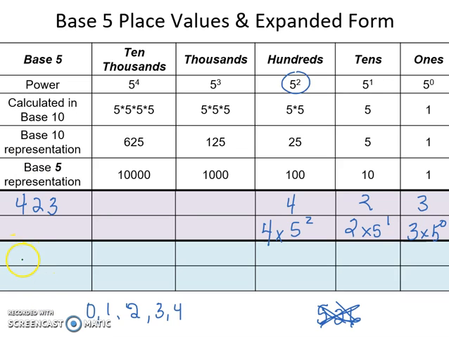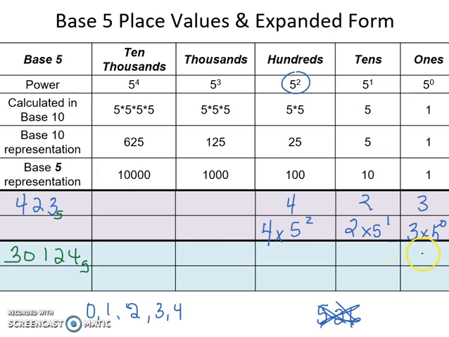So next, we're going to do one more. Say it's, I should always write the base next to it. So if it's 3, 0, 1, 2, 4, base 5, it might be easiest actually to start at the ones column.